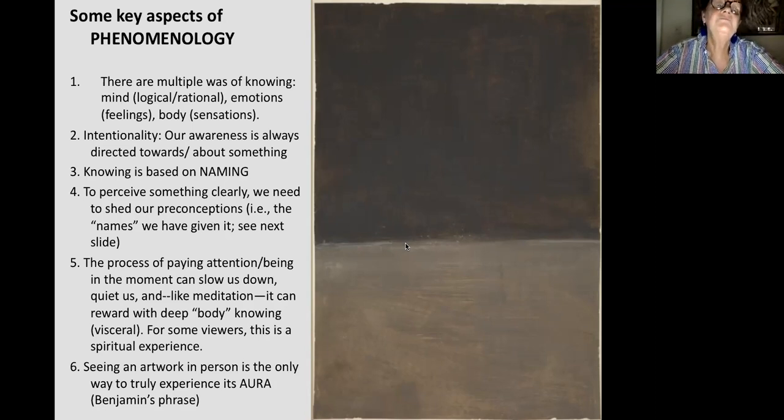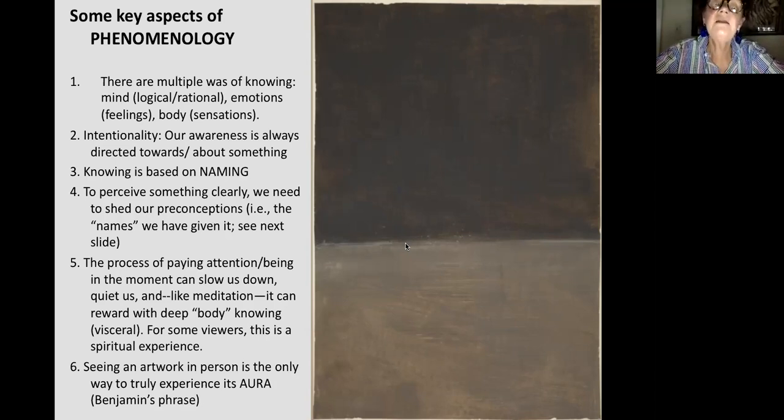Number 2, and I already mentioned this, but it bears repeating. Intentionality. Our awareness is always directed to or about something. So I'm asking you to direct your attention to this painting, which I'm sure you all know is a Mark Rothko. Knowing, especially knowing in the logical, rational way, is based on naming.